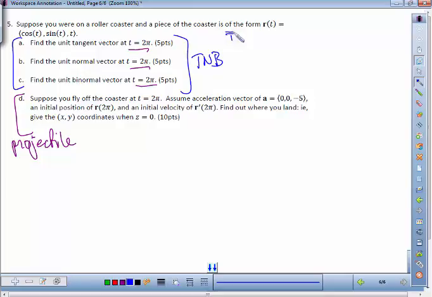So we know that the tangent is going to be the derivative over the magnitude of the derivative. If we find the derivative of this vector function, we've seen this a bunch of times already.